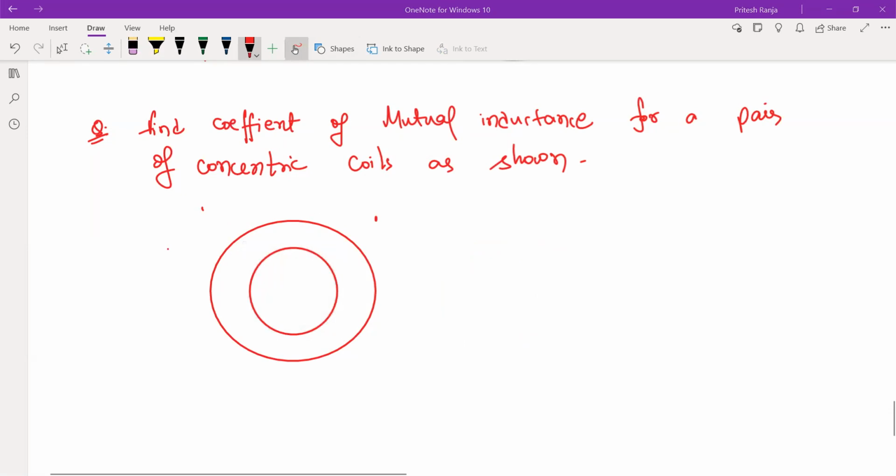Let us say the radii are R2 and R1. Let us say the current in the first coil goes this way. This is I1. It is also given that R1 is much greater than R2. So you can find the final result and use this approximation if it is required.